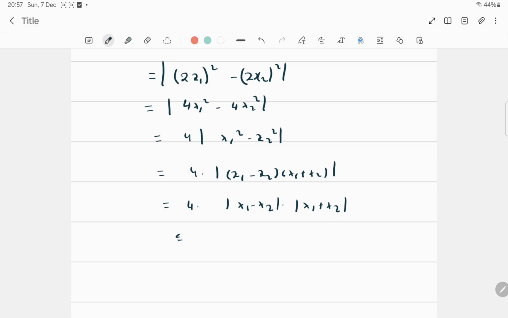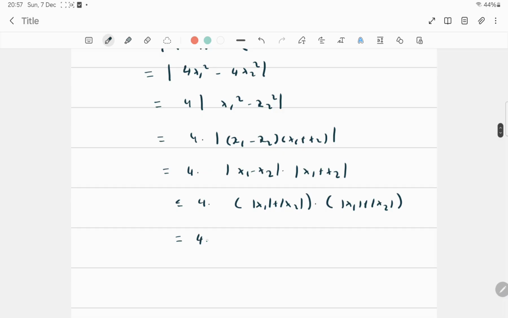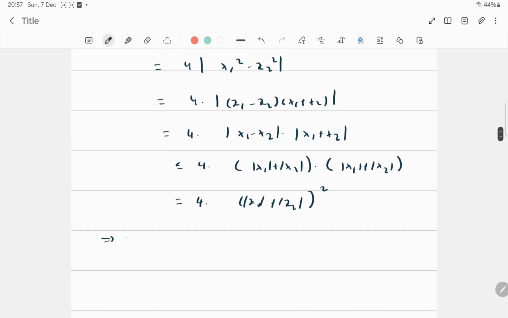And then this can be bounded by 4 times, I bound this by the triangle inequality, the absolute value of x1 plus the absolute value of x2, times the same. So that's going to be 4 times the absolute value of x1 plus the absolute value of x2, raised to the power of 2.